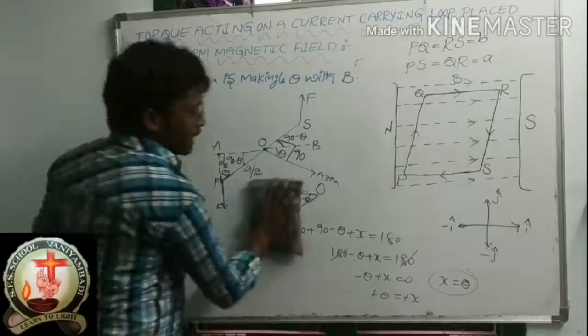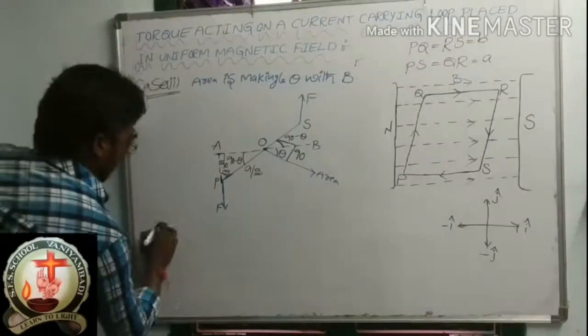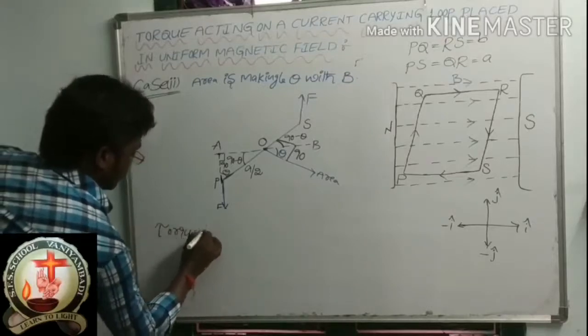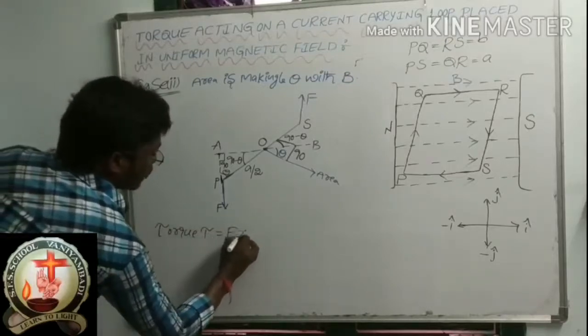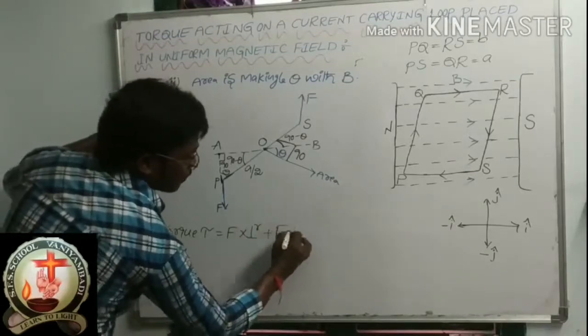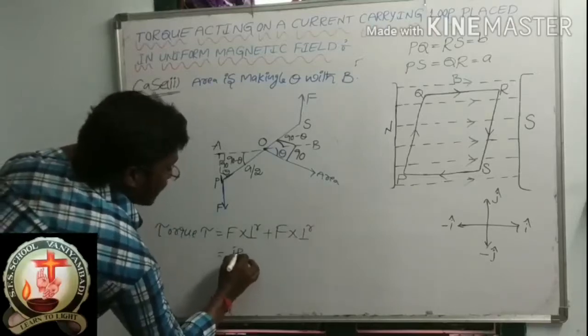Okay, so you can take the formula directly. Torque tau is equal to force into perpendicular distance plus force into perpendicular distance. Now what is the force? IBL.